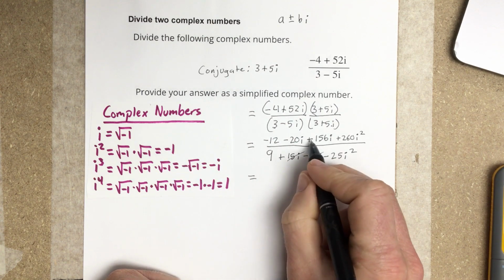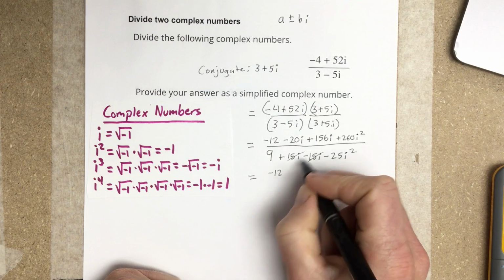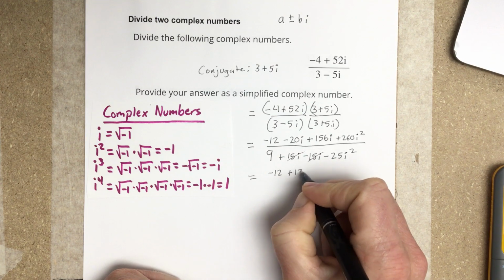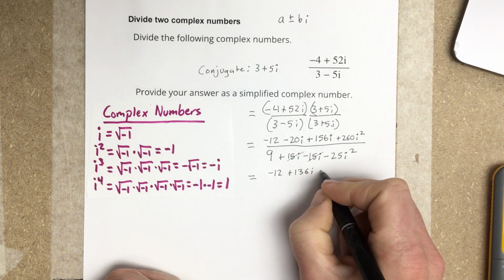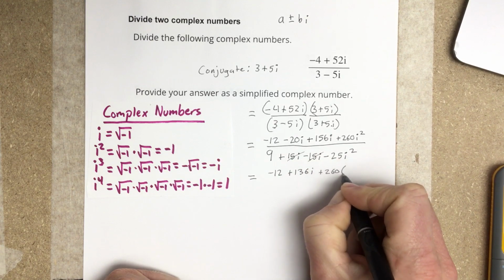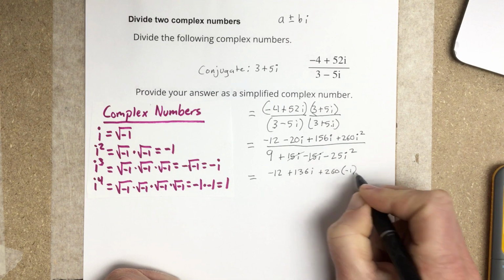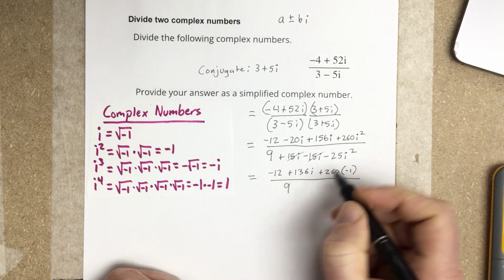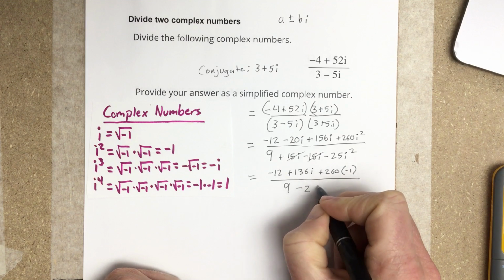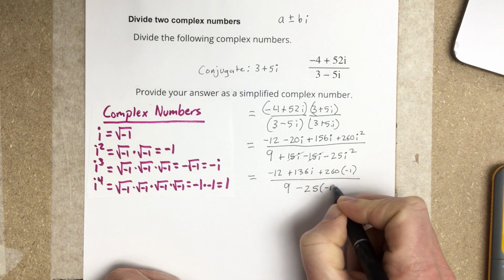And I can combine the middle terms. So I'm going to have negative 12 plus 136i when I combine negative 20i with 156i, plus 260 times i squared, which we know is negative 1, over 9 minus 25 times i squared, which we know is negative 1.